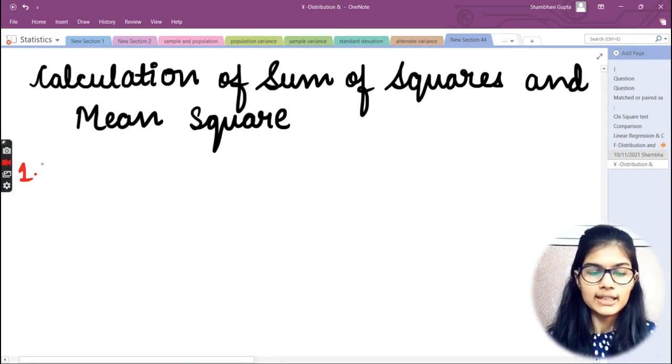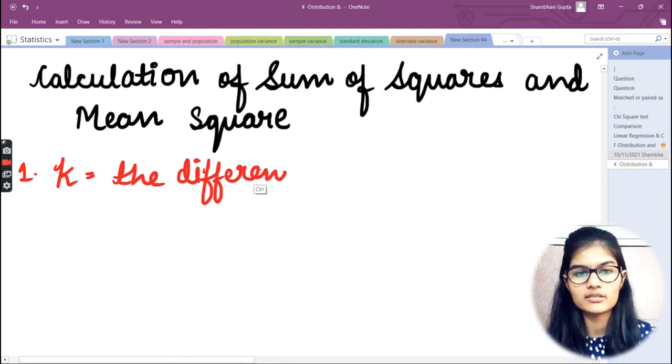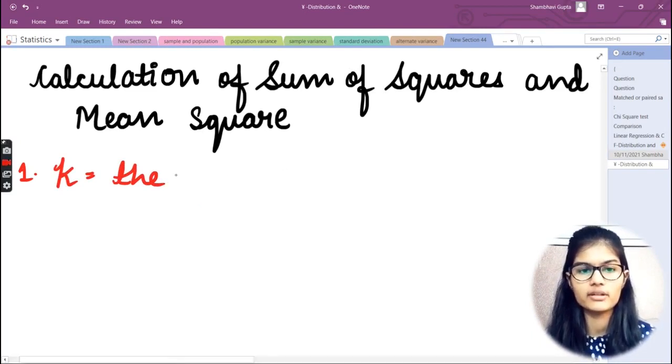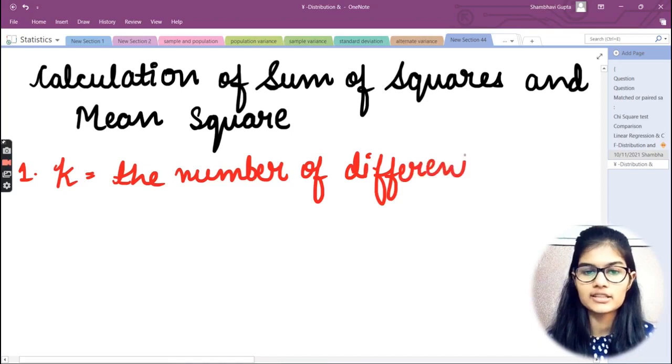Okay, great. So here we have the first one, that is the k, the small k. That's not the different, it's the number. It is the number of different groups, right?